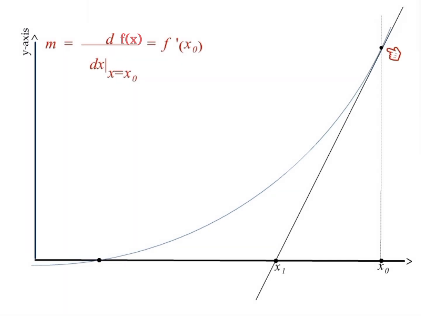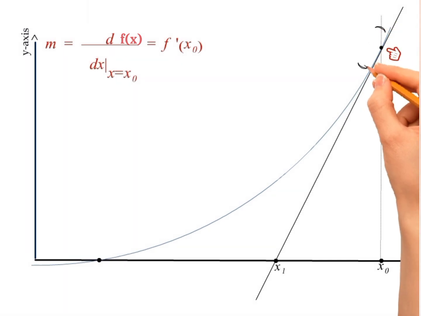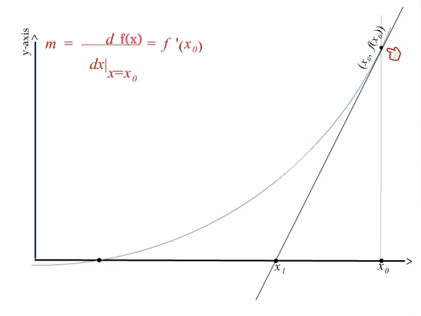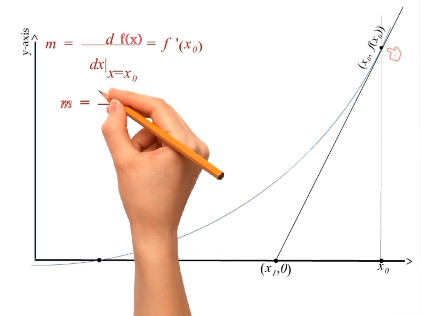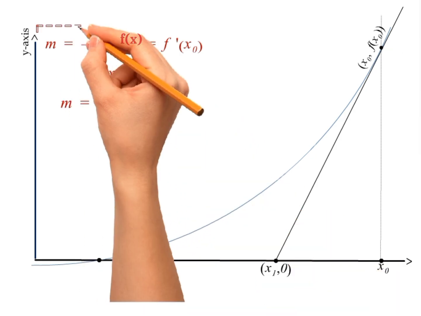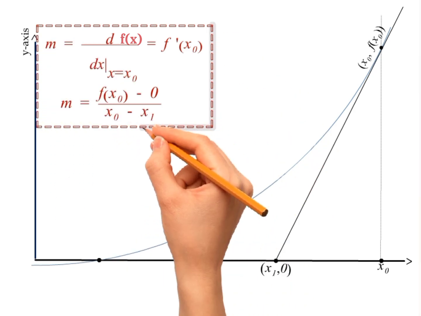This point with respect to its coordinate is x0, f0. And this other point with respect to its coordinate is x sub 1, 0. The gradient we seek is thus f0 minus 0 over x0 minus x sub 1. This is all we need to arrive at the desired result.